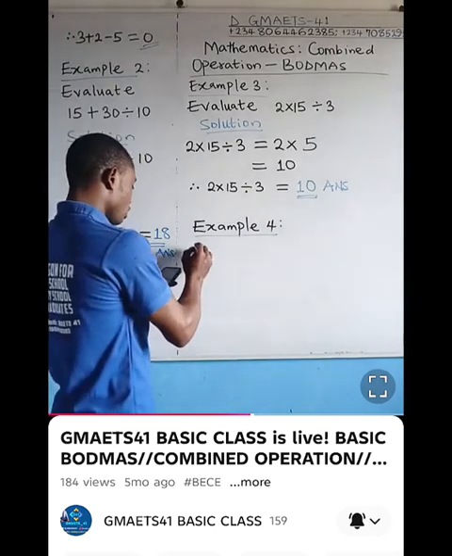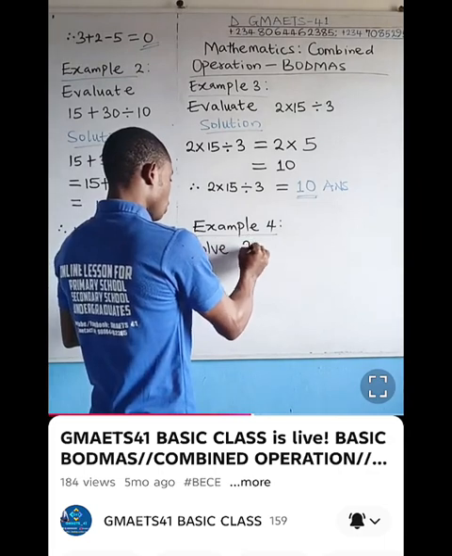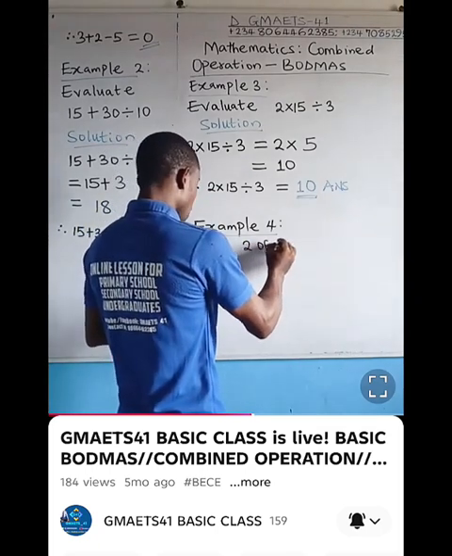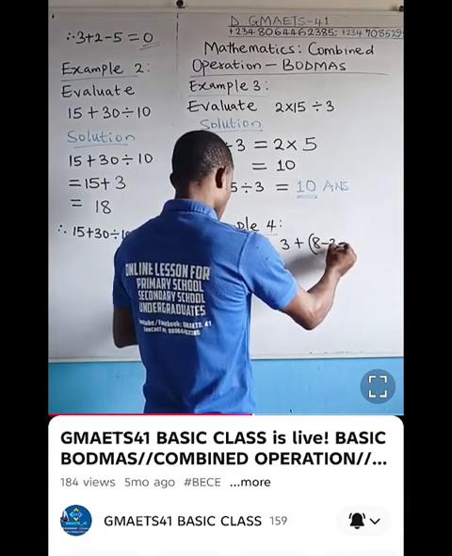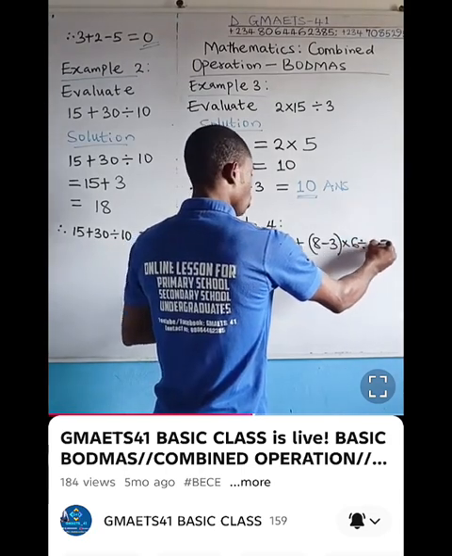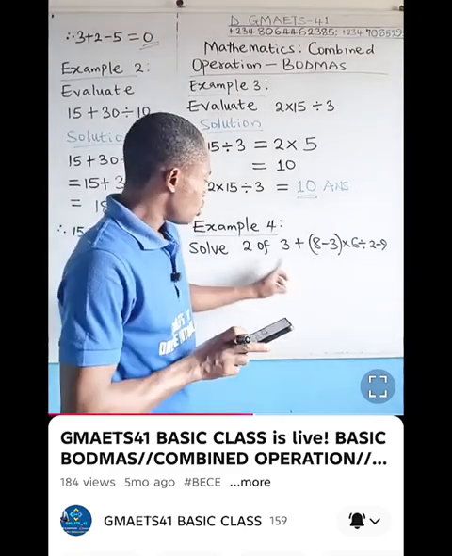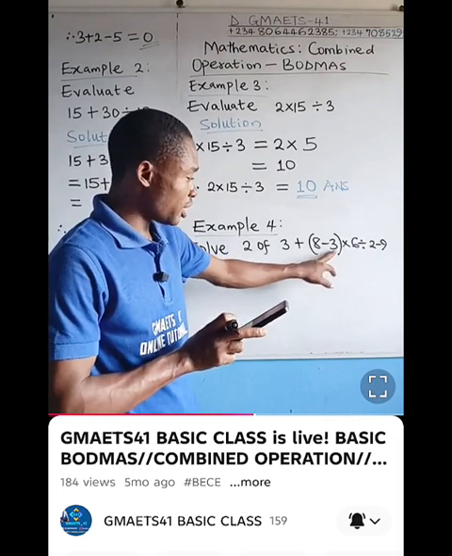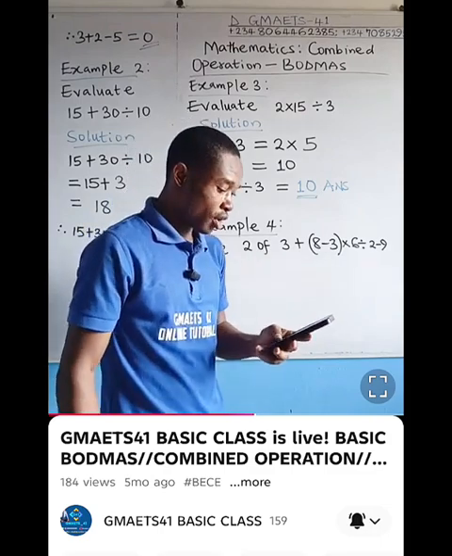This is the question. Solve 2 of 3 plus open bracket 8 minus 3, close your bracket, times 6 divided by 2 minus 9.